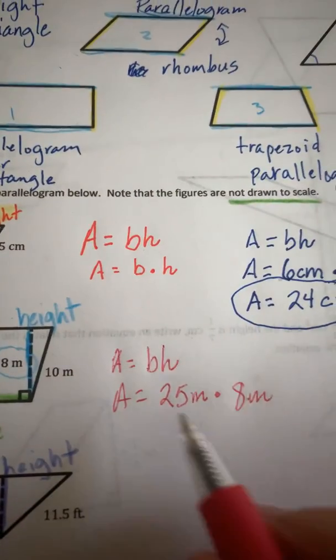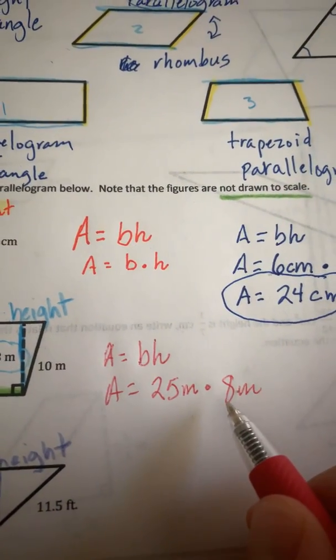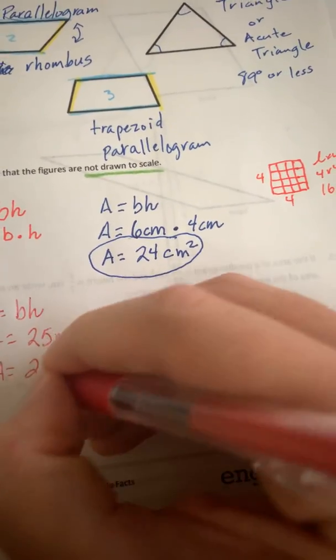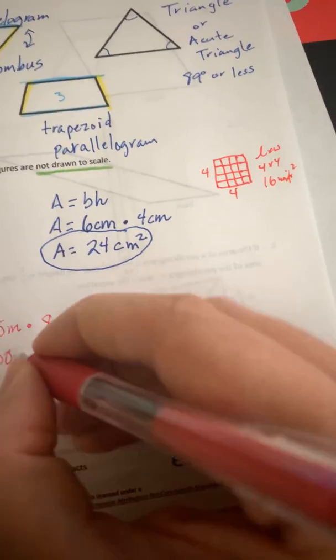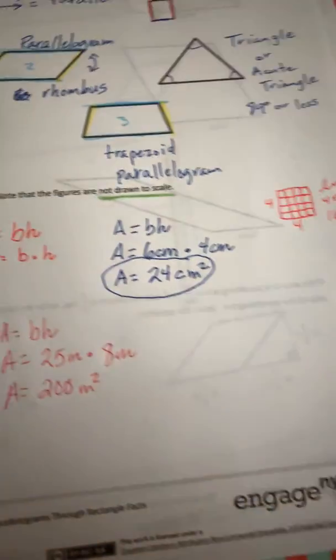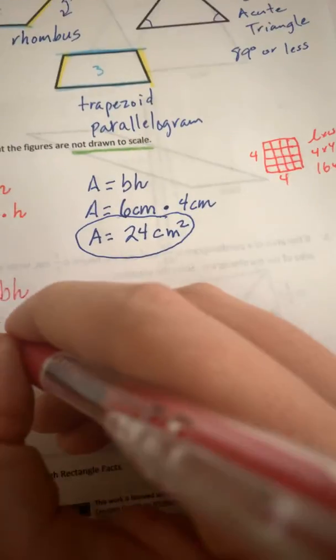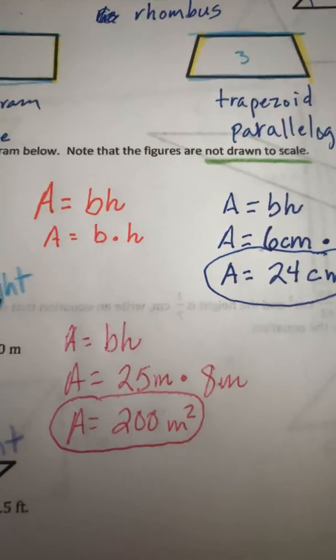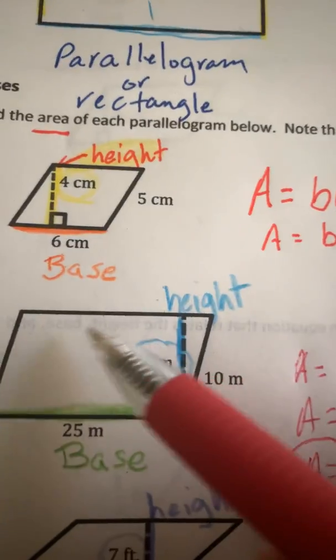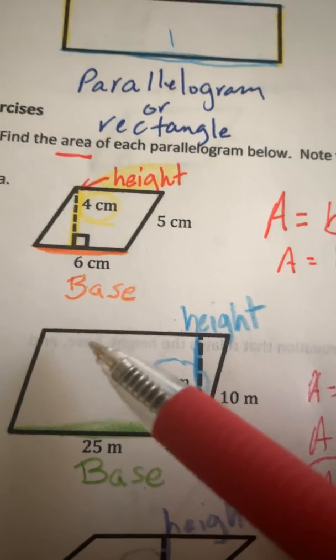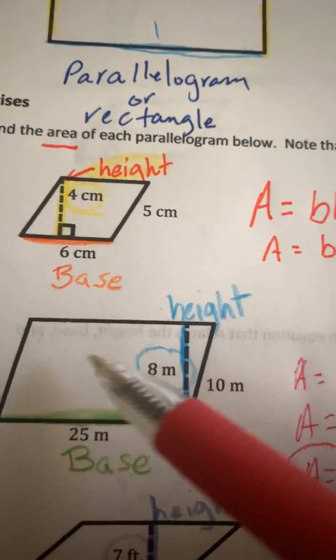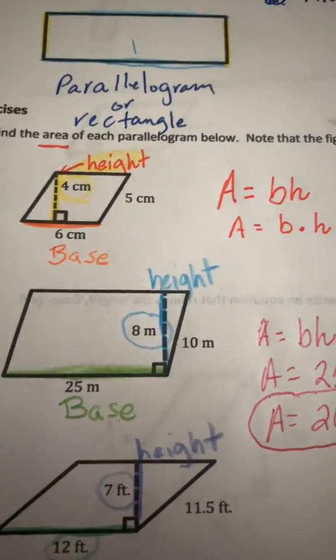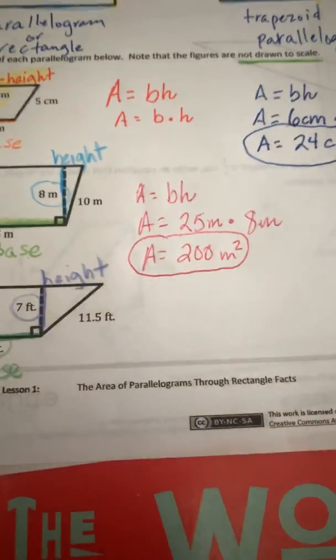So now we can multiply that. 25 times 8, if I'm doing my mental math correctly, it's 200, and meters times meters is m squared. So the area for this parallelogram is 200 meters squared. So inside this parallelogram, we're gonna find 200 of those squares. We multiply the base and the height, and we go to the last one.